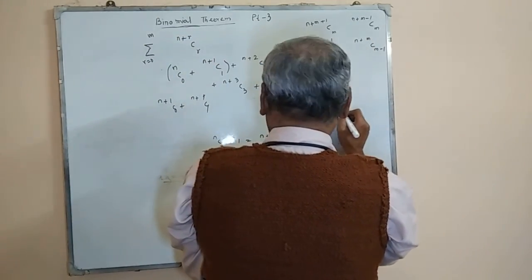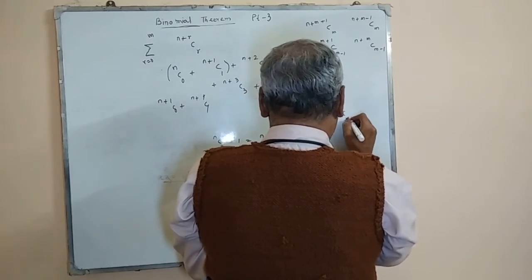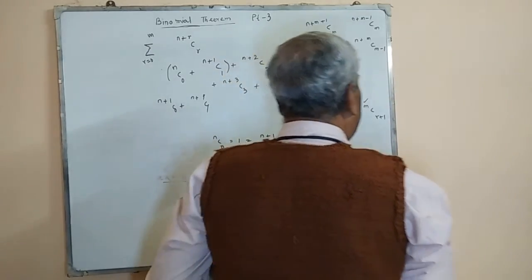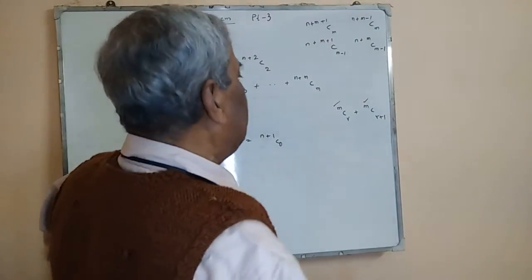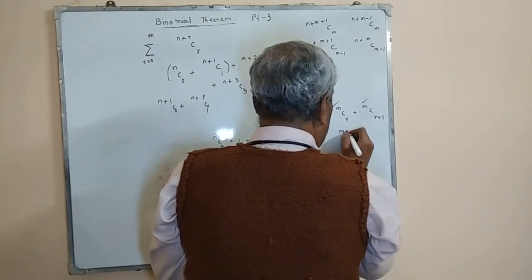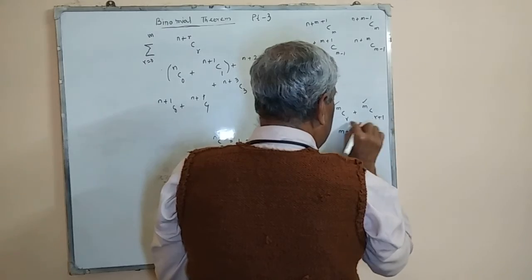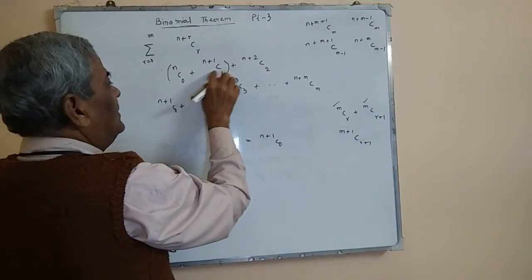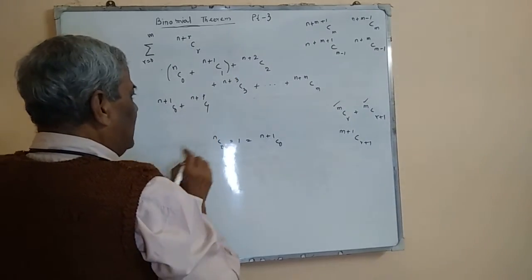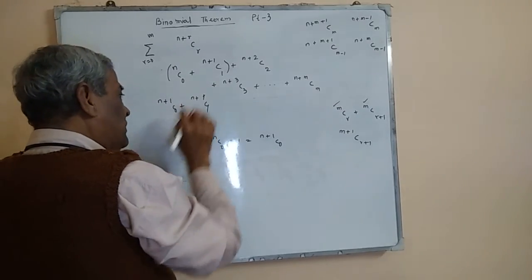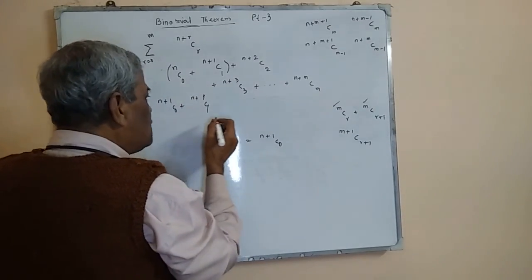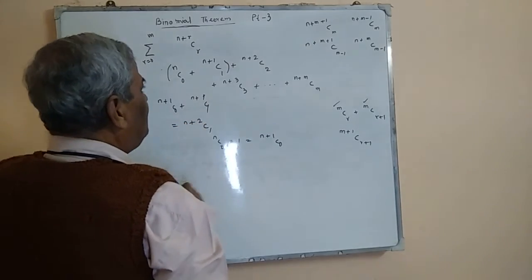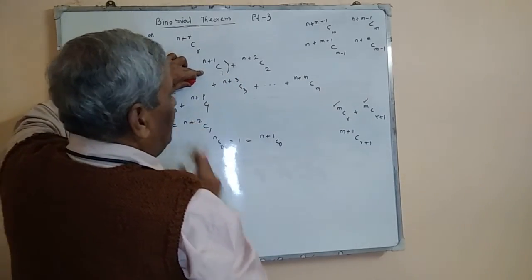Last day I discussed that n C r plus n C r plus 1, these are two consecutive terms, and their sum is n plus 1 C r plus 1. So together they are n plus 2 C 1, the value is n plus 2 C 1.